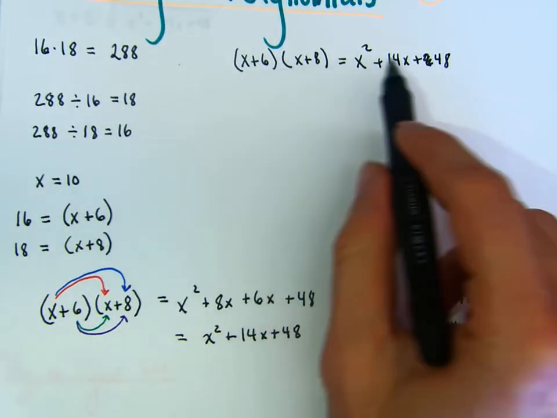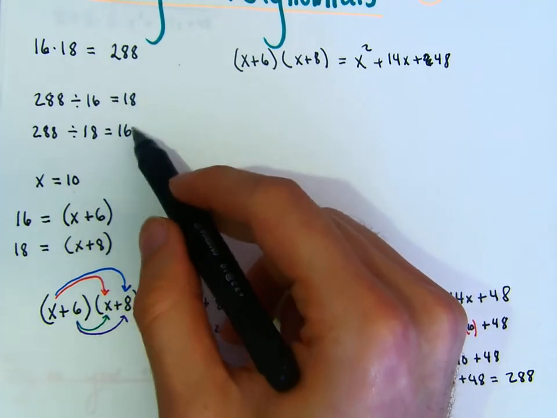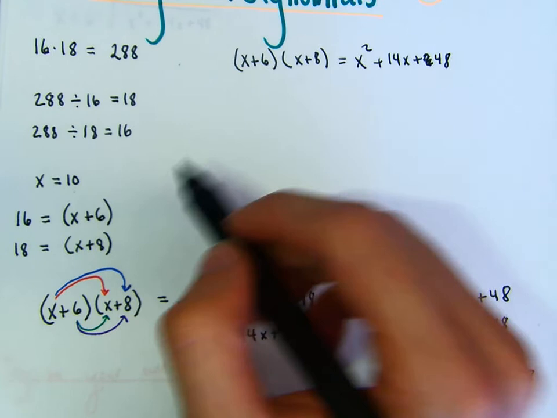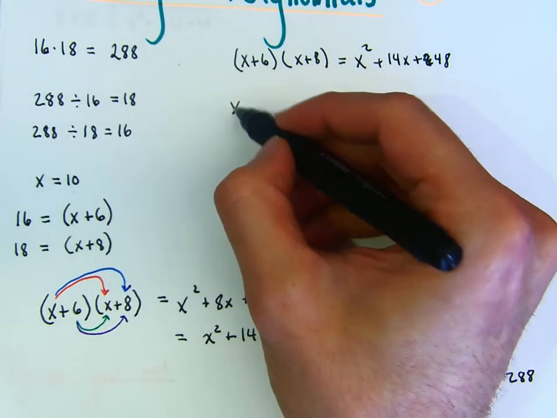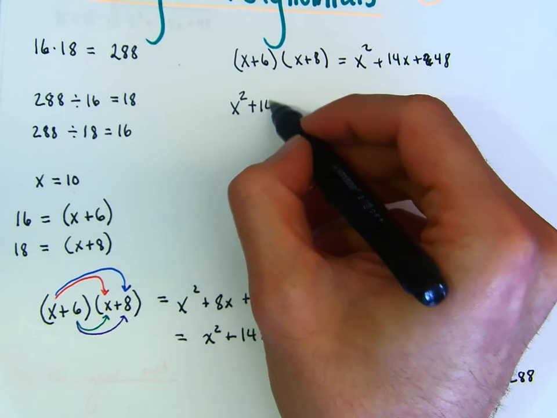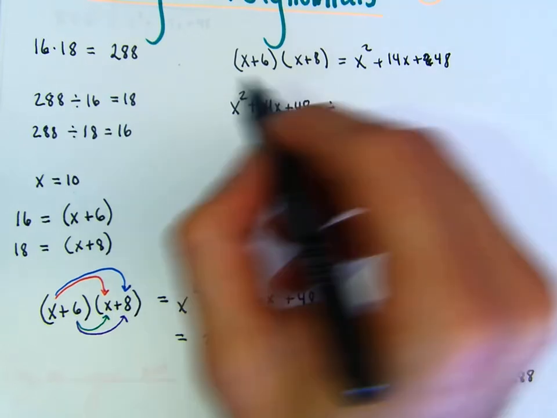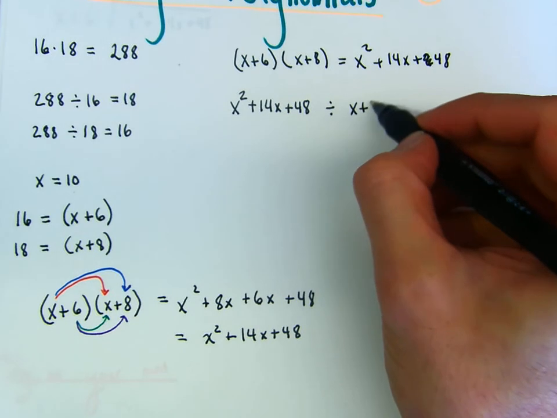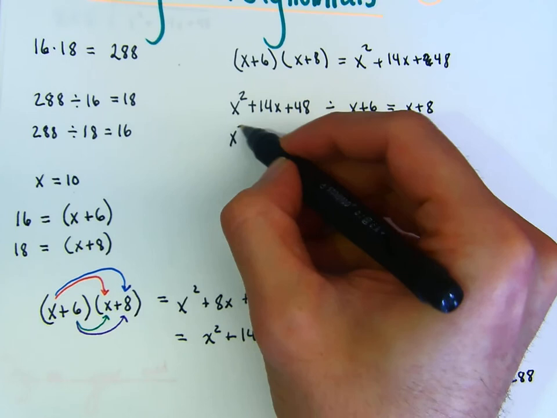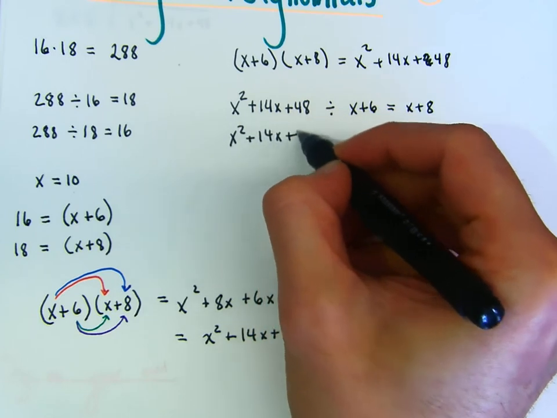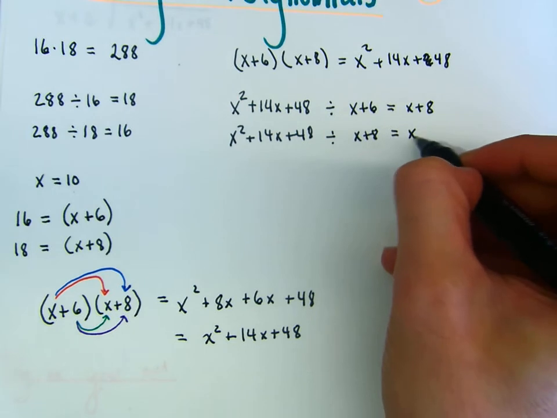And notice that if this sentence is true, what other sentences or mathematical equations must also be true here? Using the same logic we showed over here, if I take x squared plus 14x plus 48 and I divide it by x plus 6, it better give us x plus 8. And same idea, if I take x squared plus 14x plus 48 and I divide it by x plus 8, this better give us x plus 6.